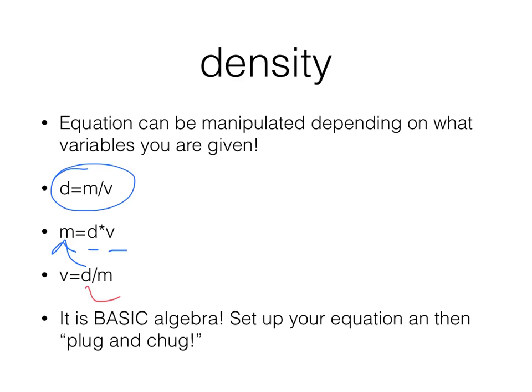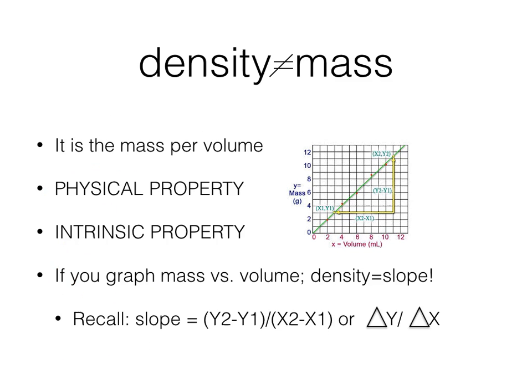If we're given density and mass, we can figure out the volume. So all you have to do is figure out what you're given, figure out what you're solving for, rework the problem, and then just plug and chug. That's going to be your practice worksheet. Don't worry about being wrong. This is for us to practice, and we're going to go over it in class. It's not a bad thing.